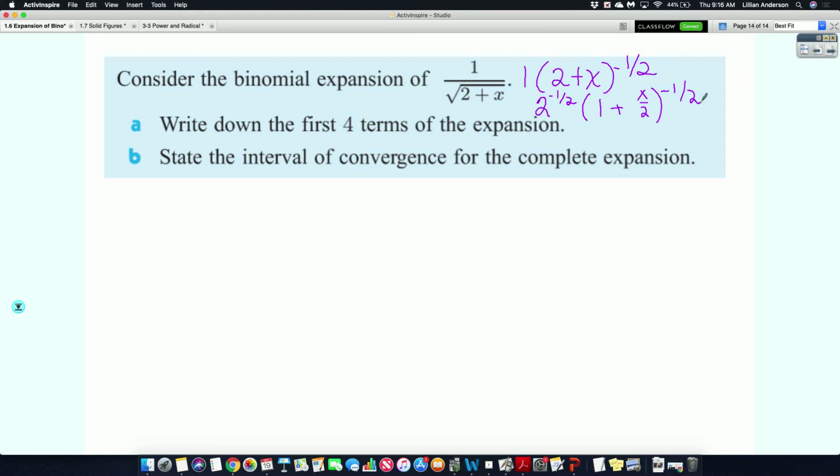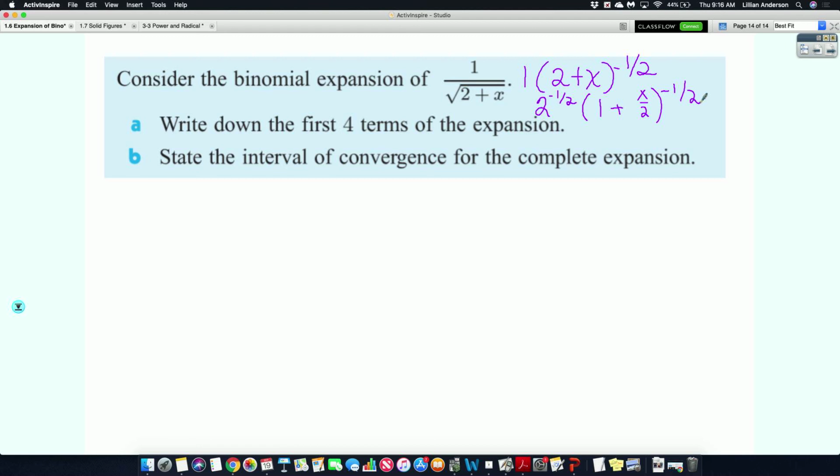Well, I mean, that is it. So now we can actually expand it using the formulas that we talked about that were in the tan colored boxes from the last time. And then this 2 to the negative 1/2 will just get multiplied at the end after we've expanded it to the first 4 terms. Okay?